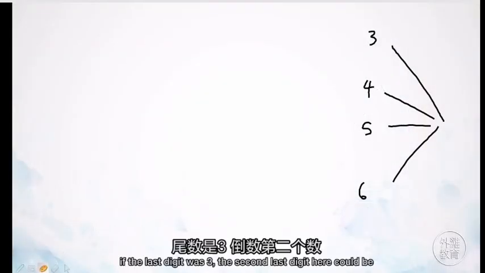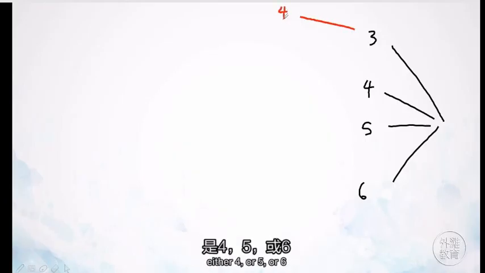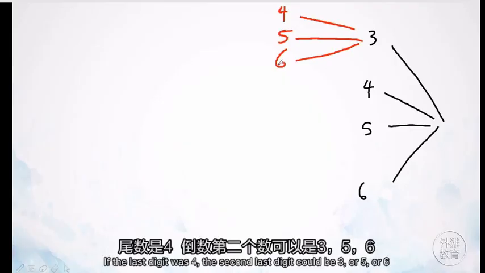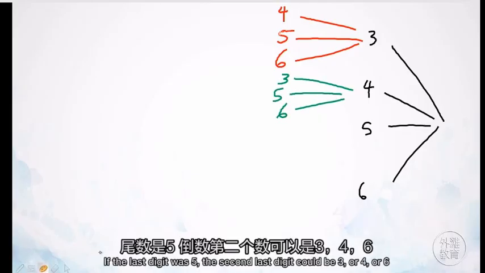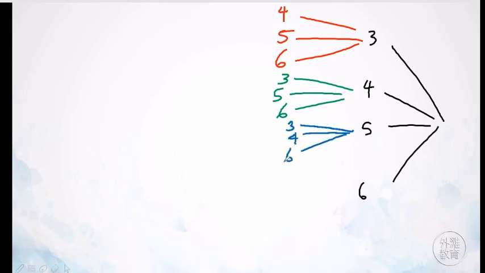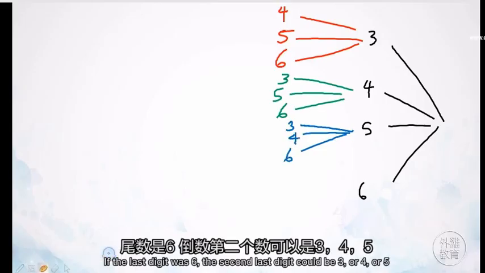If the last digit was 3, the second last digit could be either 4 or 5 or 6. If the last digit was 4, the second last digit could be 3 or 5 or 6. If the last digit was 5, it could be 3 or 4 or 6. If the last digit was 6, it could be 3 or 4 or 5.